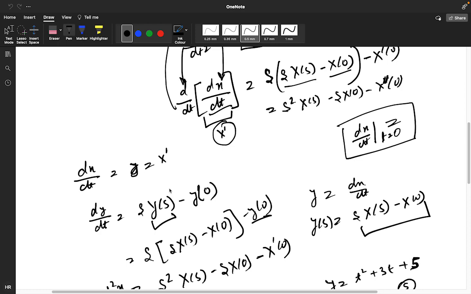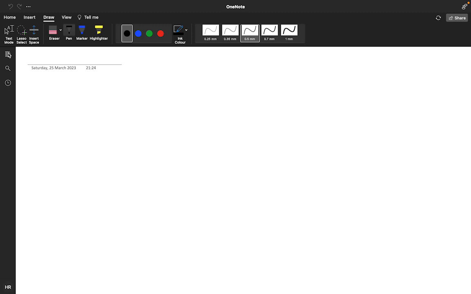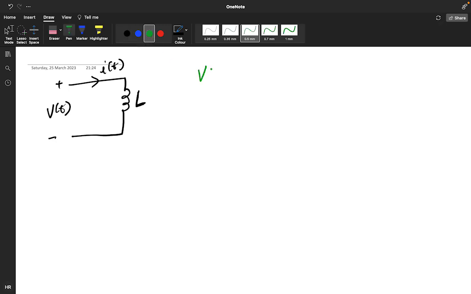Now why am I teaching you these things? Because if you see, I have an inductor, and I am giving it a positive and negative supply v of t, and I have a current i of t, and this is my L. So what is the formula of an inductor? v of t is equal to L di by dt.